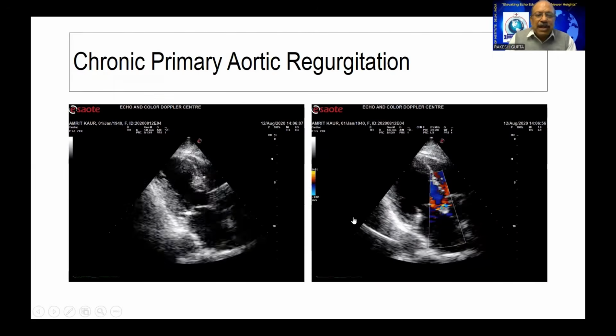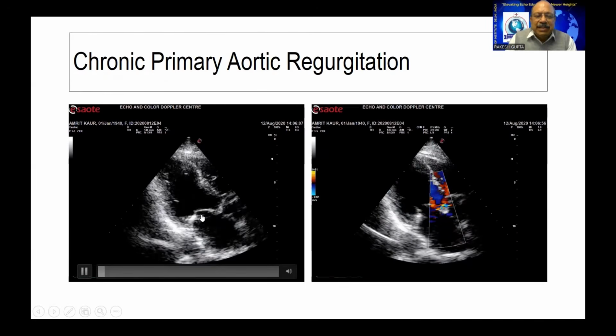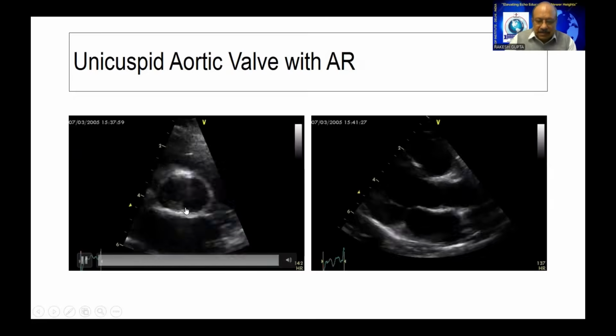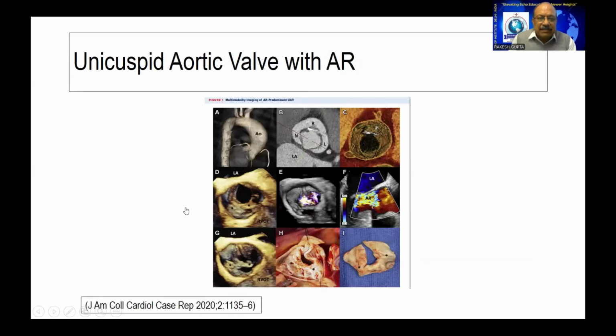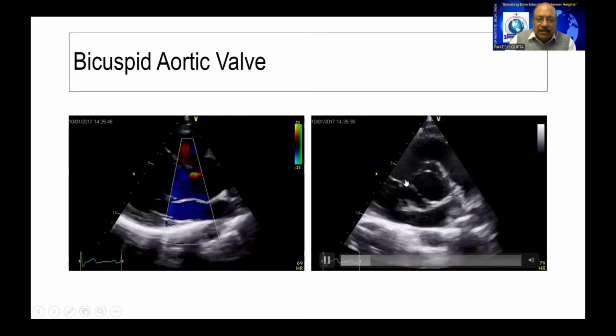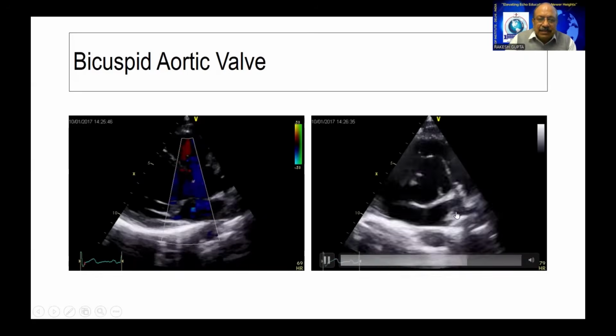Then this is chronic primary. As we see a mitral regurgitation, here we see aortic regurgitation. Then unicuspid aortic valve leaflets presenting with AR. Bicuspid, only two leaflets, one on this side, one on this side, presenting with AR.